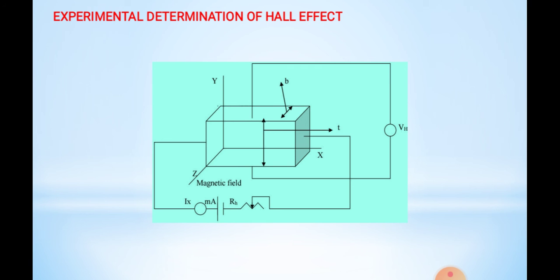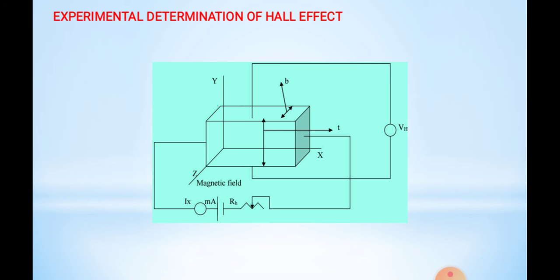Now the current is flowing along the x-axis, according to the Hall effect. Next we apply a magnetic field along the z-axis. We keep this specimen in between the magnetic poles, so a magnetic field is produced along the z-axis.